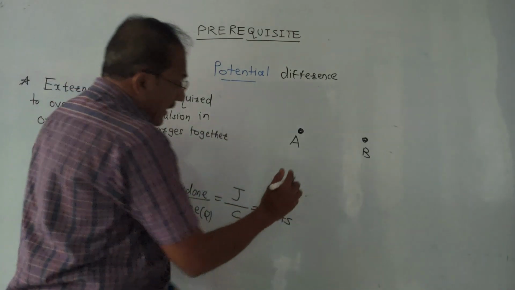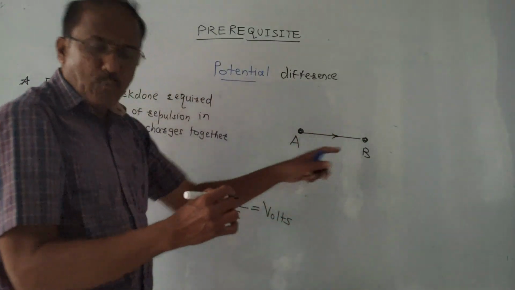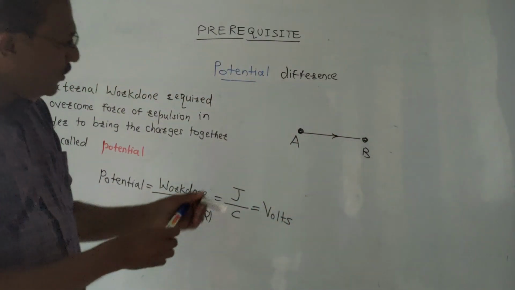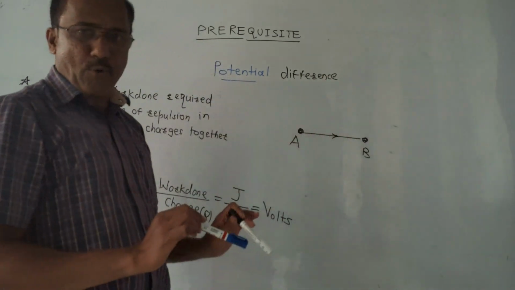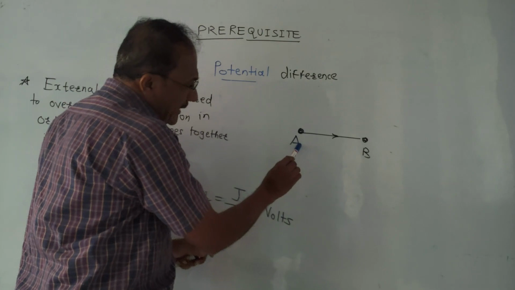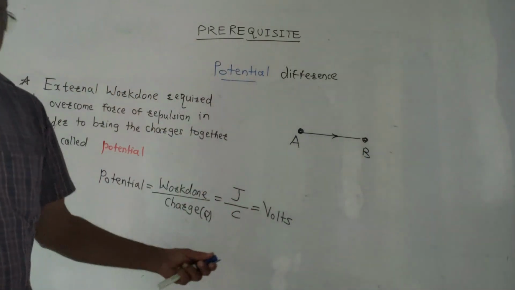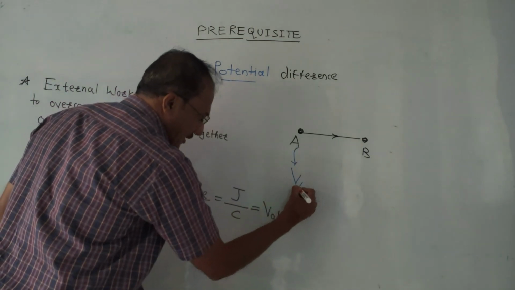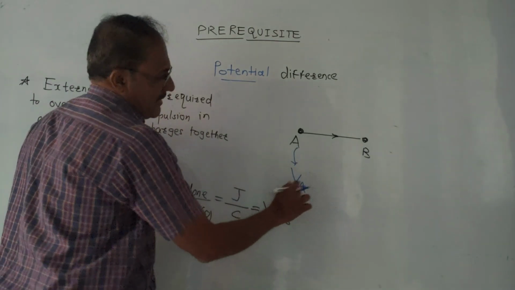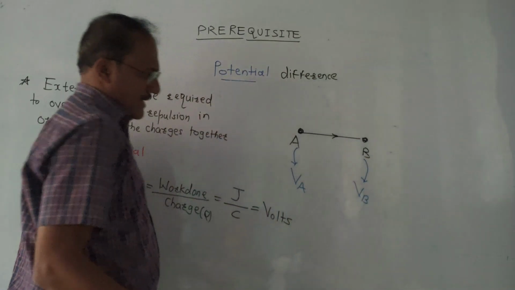That means, if I want to say some current is flowing from point A to point B, the voltage of point A must be higher than the voltage of point B. So, I have shown the direction of current from point A to point B. Let us make use of simple notations. The voltage or potential of point A is denoted by VA. The voltage of point B is denoted by VB.